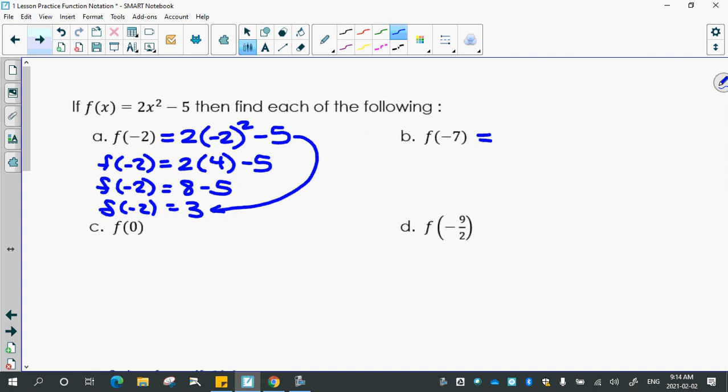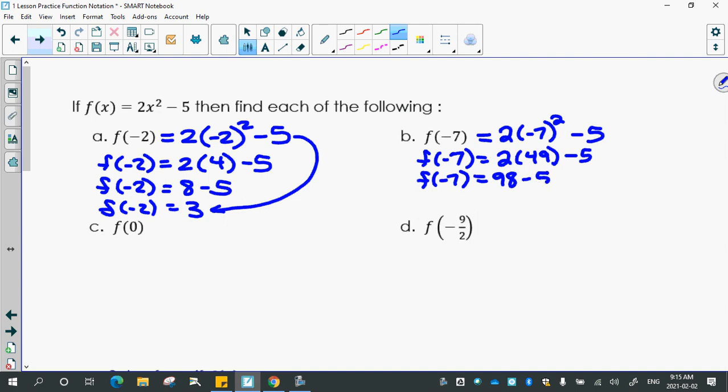So f at negative 7, so we're replacing x with negative 7. So it's going to be 2 times 49 minus 5. Which is going to be 98 minus 5. Which is going to be 93.